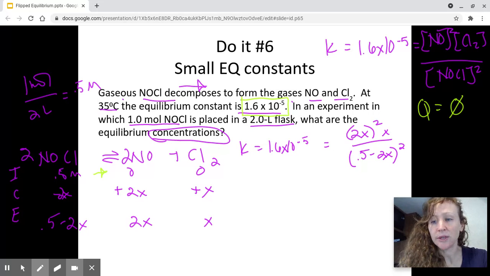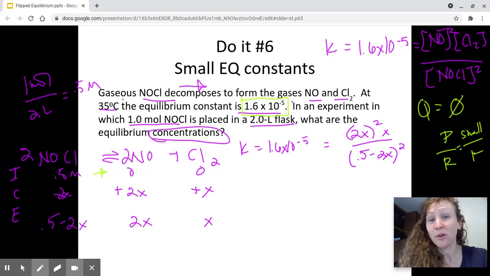At equilibrium, when we're considering the ratio of products over reactants, there's not going to be very many products. The products are going to be very small when you compare them to the reactants. And therefore, we come out with a very small K. This K is very, very small, right?